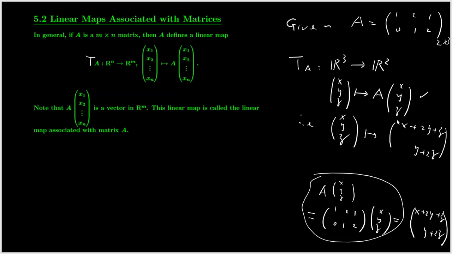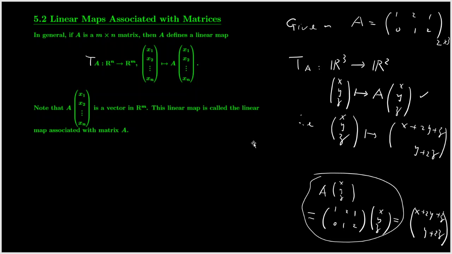I want you to see it that way. And likewise, the second component in the output is the second component in the input, plus 2 times the third component in the input. So that's how you get the second component of the output. And then we keep on going.